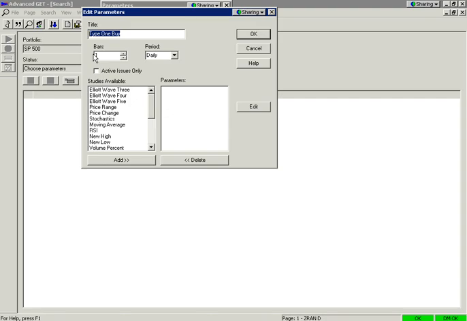Being that we're looking for a type 1 buy, we need to first find out that we're in an Elliott Wave 4. So I'm going to select Elliott Wave 4 as one of my criteria and hit the Add button, which places it over to the right-hand side under Parameters. We're also looking for our PTI to be above 35. I'll add that over. And we want an oscillator pullback as well.